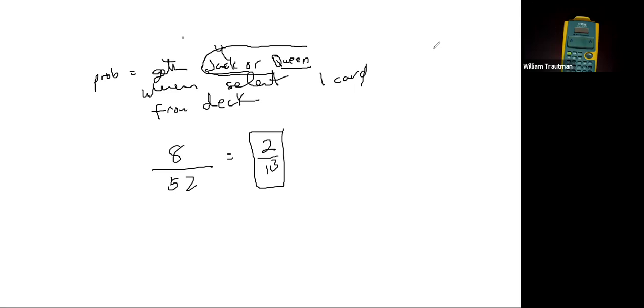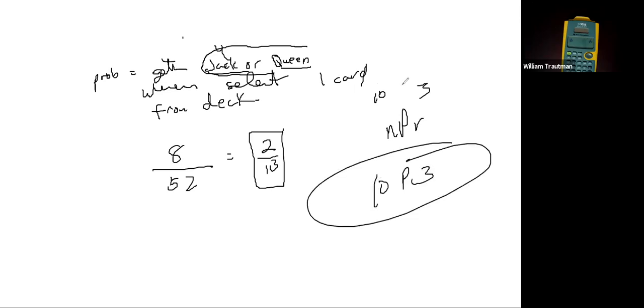The test is really similar to what I'm talking about. There's a few word questions, and there's one question on the test that says use NPR. It says if you have 10 and you were choosing 3, then you just type in 10P3 on your calculator. There's one question that's really similar to that.